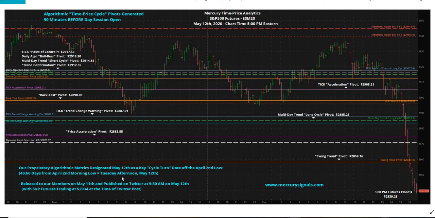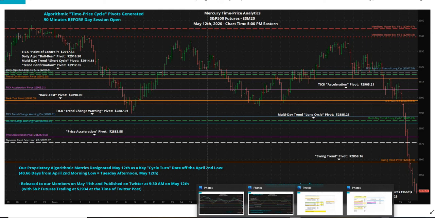There are very specific elements, and the mathematics of how these number of elements relate to Mercury, the element, is where this comes from. You can't make this stuff up. I mean, 40.66 days, who would come up with that? So this was all given to our members yesterday. It was posted on Twitter this morning. This is what happened.